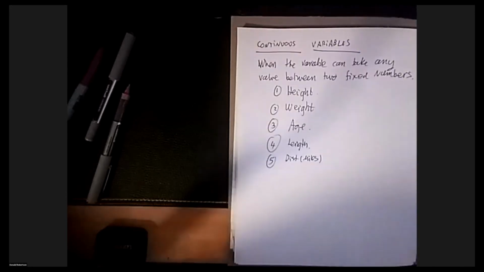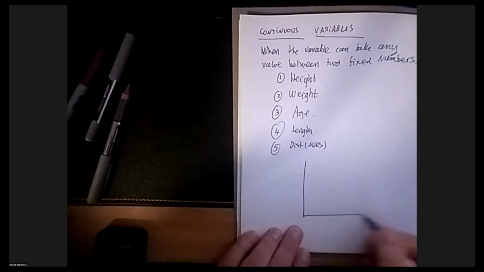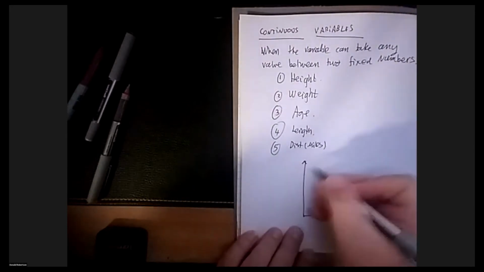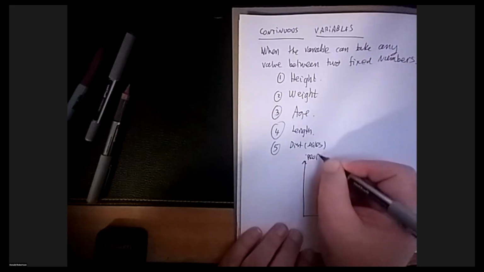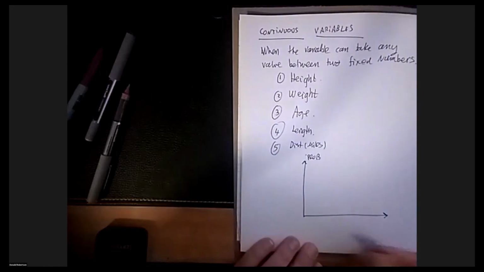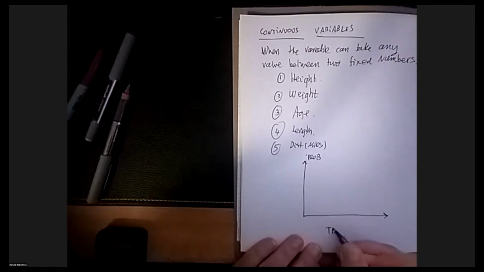All you can do is create a diagram that looks something like this. Now the vertical is still called probability, and the thing along the bottom is going to be the variable. So I'm going to pick my variable as temperature, right?